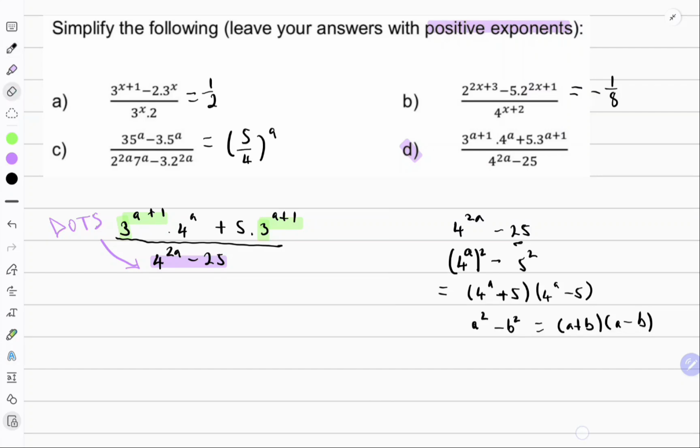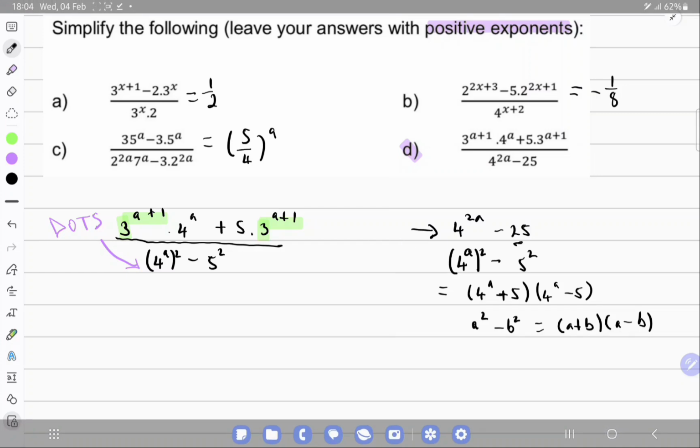So you know that 25 can be written as 5 squared, and 4 to the power of 2a can be written as 4 to the power of a squared, as we have seen here. So now we can just use the difference of squares there.